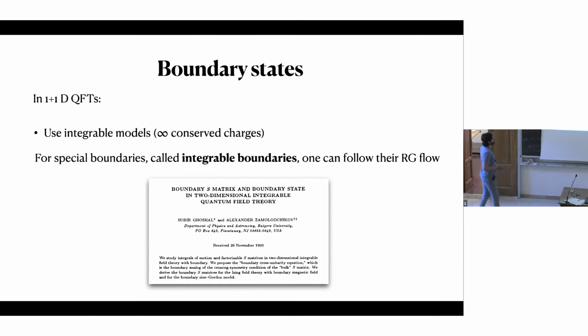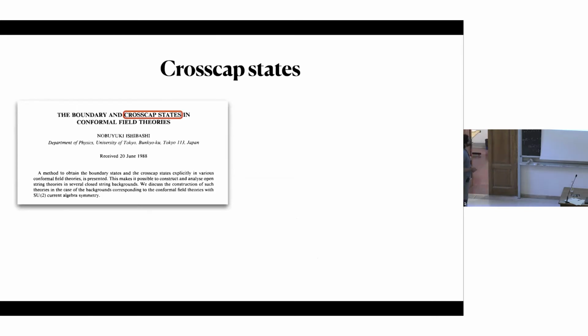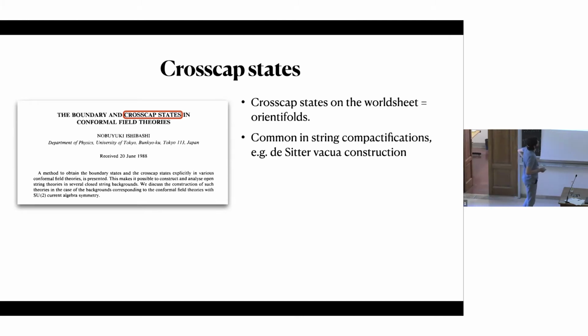In the case of cross-caps, already in the original paper of Ishibashi, he not only defined the most general conformal boundary conditions, but also defined the cross-cap states in the CFT. There are many reasons why one should care about cross-cap states.